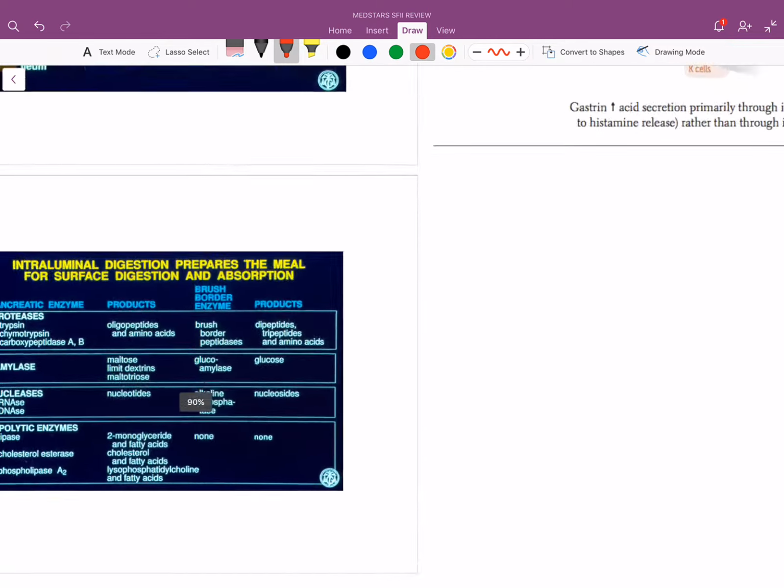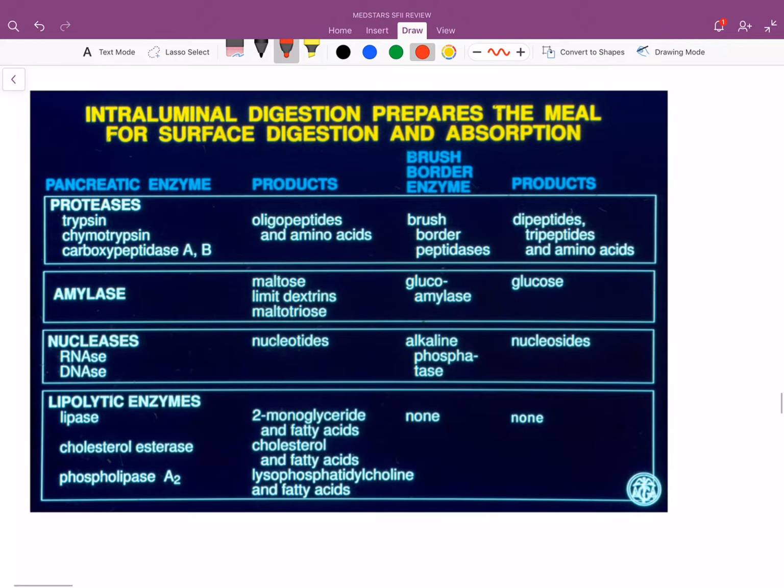Again, right here we're talking about digestion, right? We already talked about these pancreatic enzymes that are one of the major players in digestion. We see these proteases, the ones that digest proteins, and we see trypsin there.